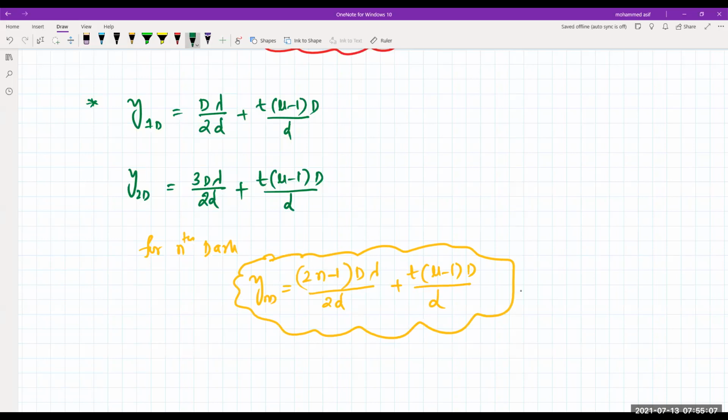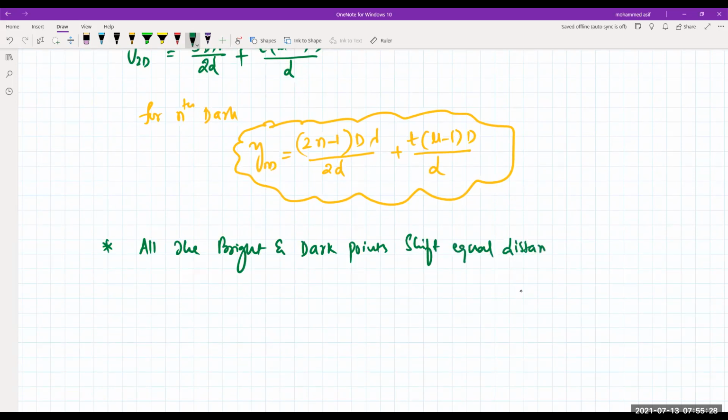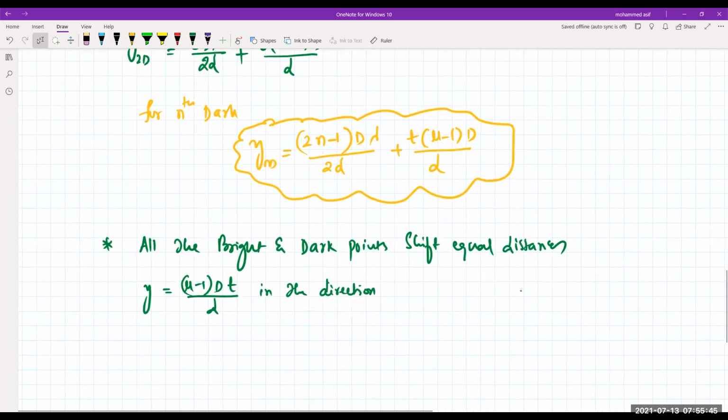Okay, now see one more point, you can write it very carefully. All the bright and dark points shift equal distances, y is equal to (mu minus 1) into capital D into thickness T divided by small d, in the direction of the slit having the slab.